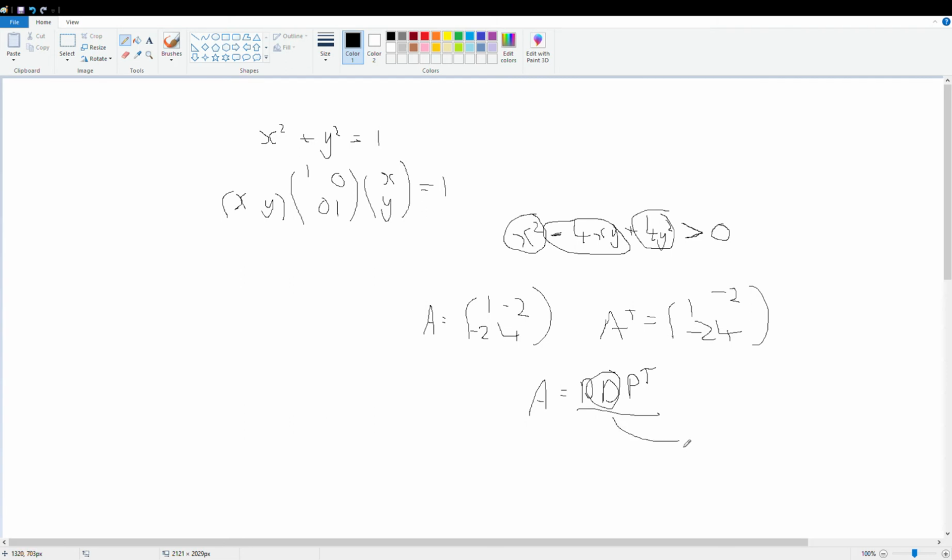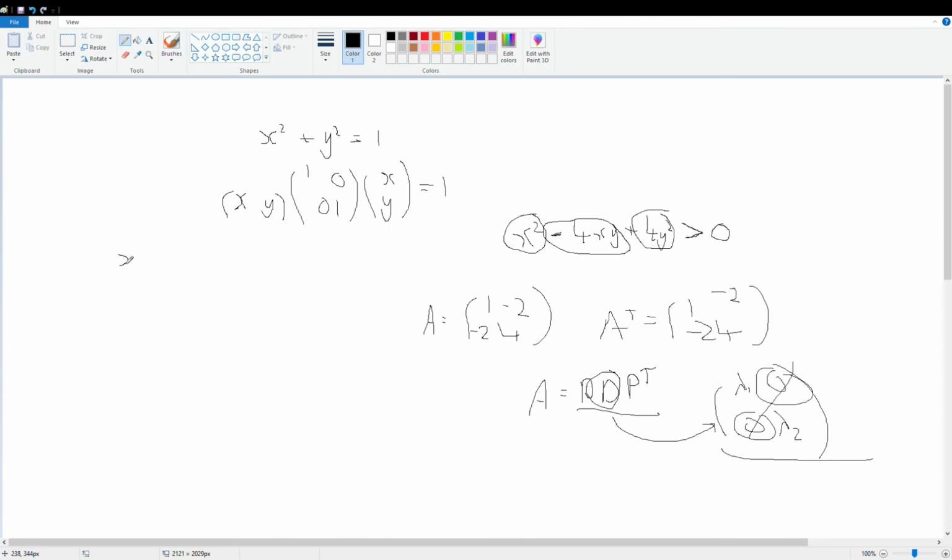Remember D is just the eigenvalues on the diagonal. And notice that there's no cross-product term, or middle term, in a 2 by 2.